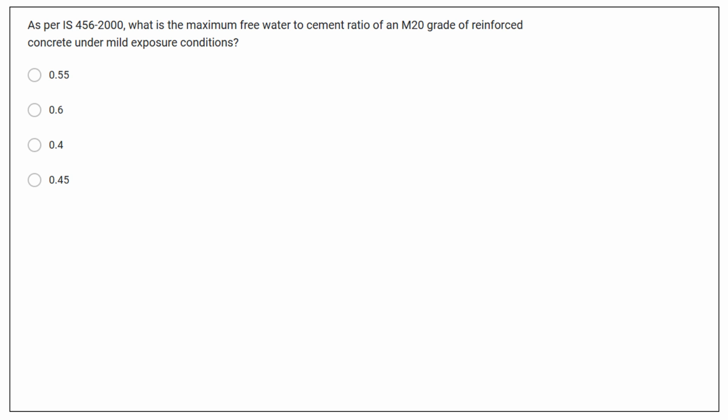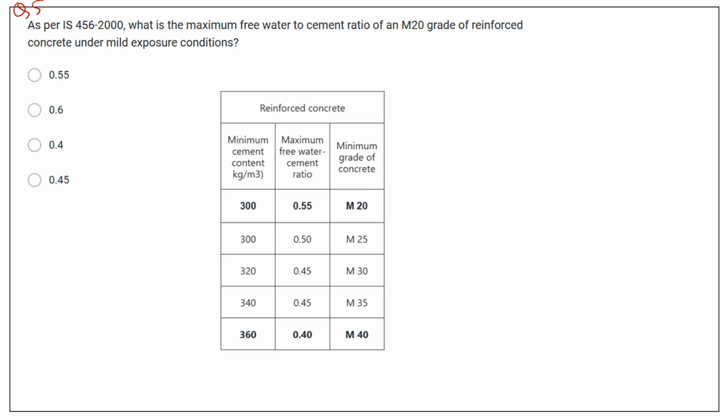The next question, fifth question. As per IS 456-2000, what is the maximum free water to cement ratio of an M20 grade of reinforced concrete under mild exposure condition? For this, IS 456 gives a table. In this table, minimum cement content, maximum free water cement ratio, and minimum grade of concrete are mentioned.